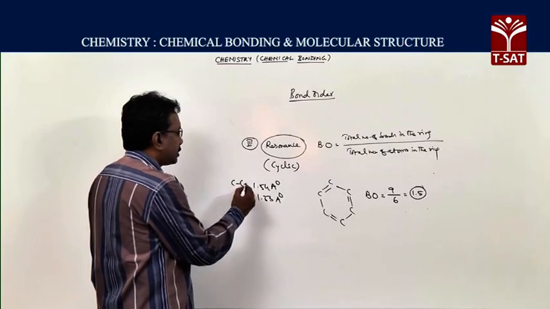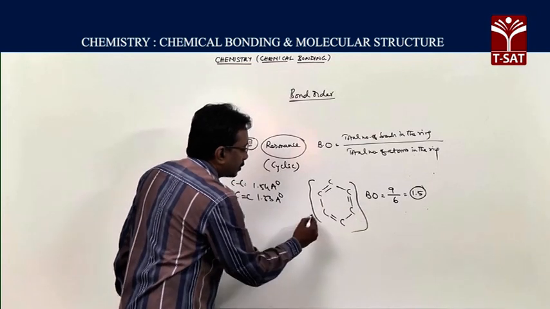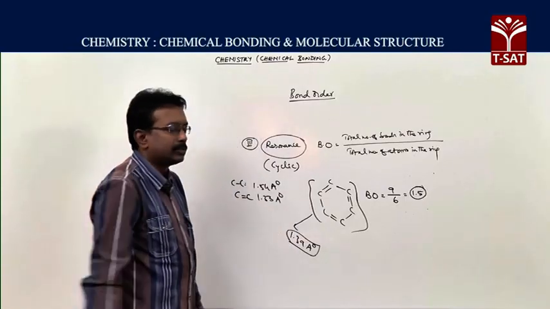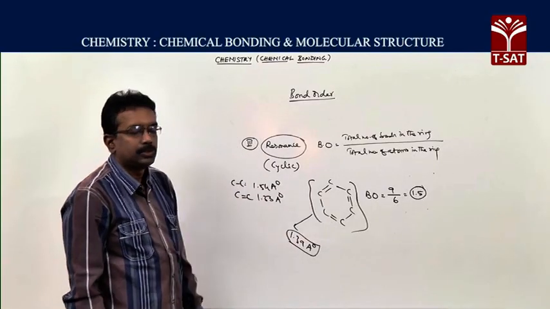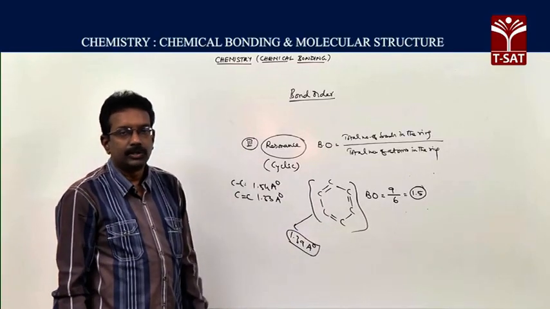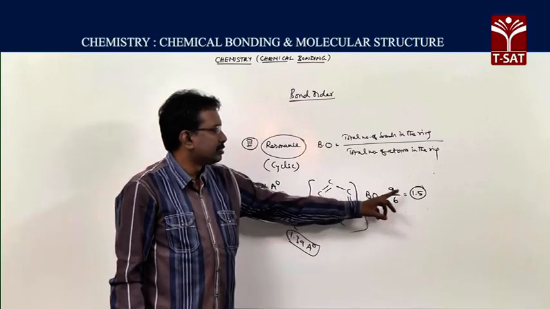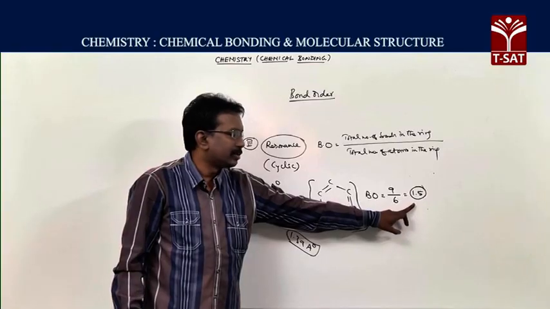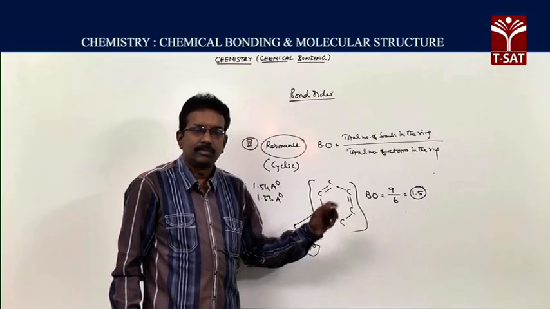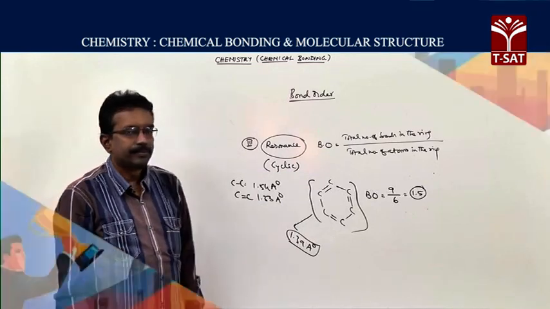This is C single bond C, this is C double bond C. But in the case of benzene, the carbon carbon bond length is 1.39 angstroms. So, not average, intermediate between these two. That means in benzene molecule, all carbon carbon bonds are equivalent due to resonance, and according to bond order, the carbon carbon bond order is 1.5. This fractional bond order also indicates in benzene the carbon carbon bond length is not equal to single bond and double bond length, and we are getting an intermediate value. So, this is about bond order.